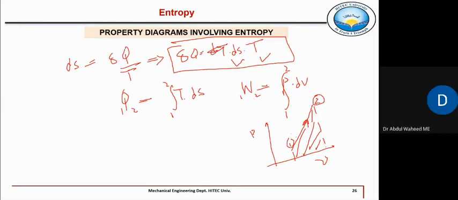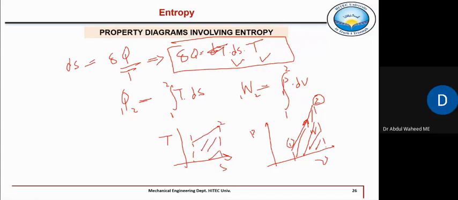ठीक. So this was PV diagram. On PV diagram, for any process between 1 and 2, the area under this curve represents work done. Similarly, for heat transfer, we can have temperature versus entropy diagram. So on TS diagram, area under any curve represents heat transfer, for example, because यहाँ पे temperature change हुआ है.